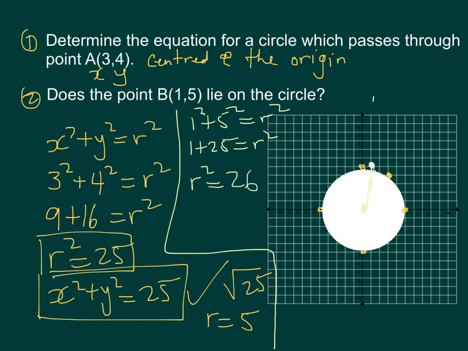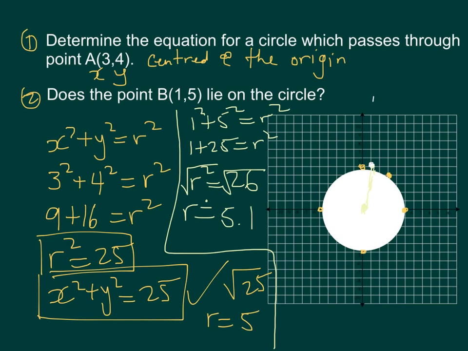So right away I can see that r squared equal to 26 is bigger than the one that we had over here, where r squared is 25. If I wanted to simplify it, r is equal to the square root of 26, which is approximately 5.1.